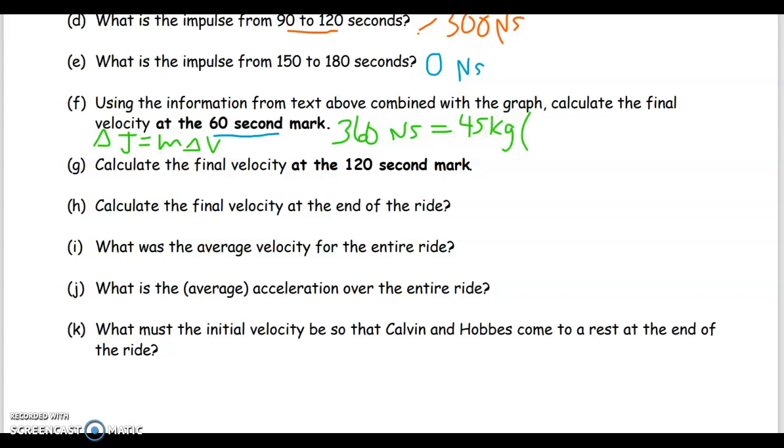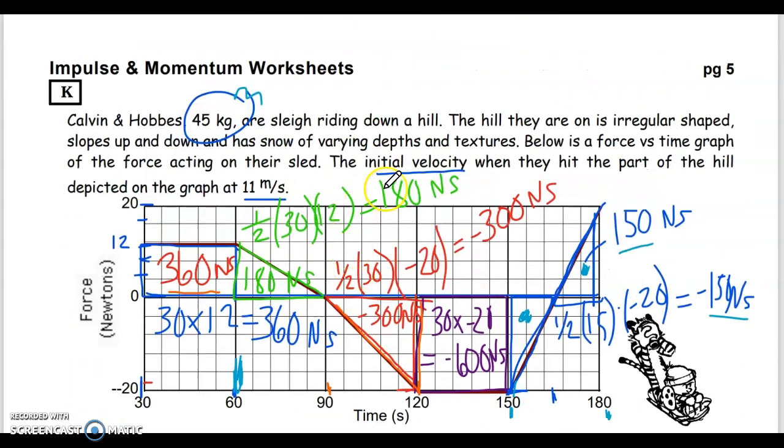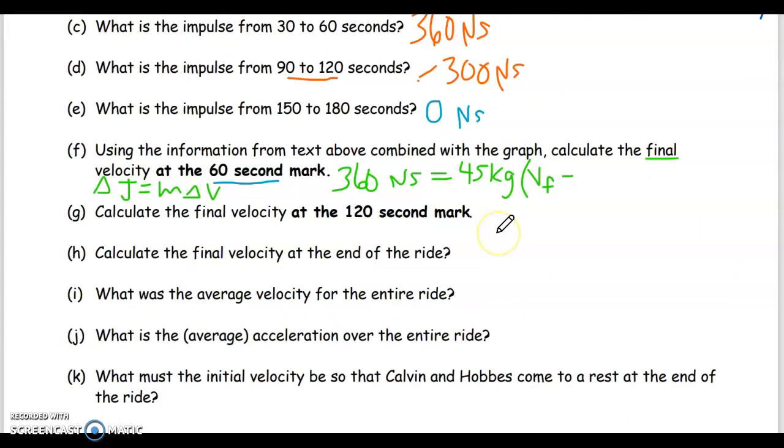And remember, that's always going to be final minus initial. So we're looking for the final velocity. So we're going to write VF minus our initial. And it did tell us in the text above that our initial velocity was 11 meters per second. So minus 11 meters per second.